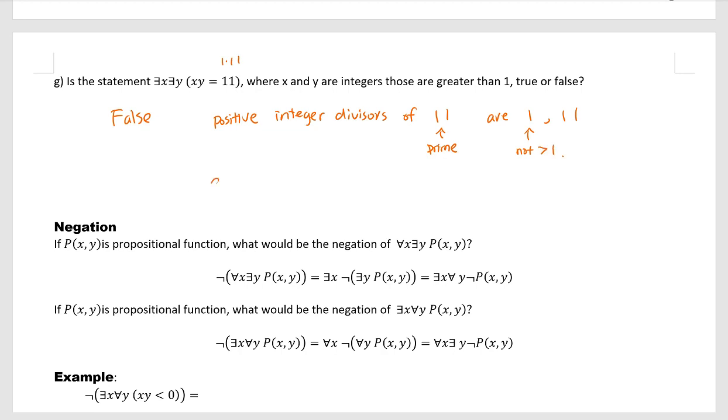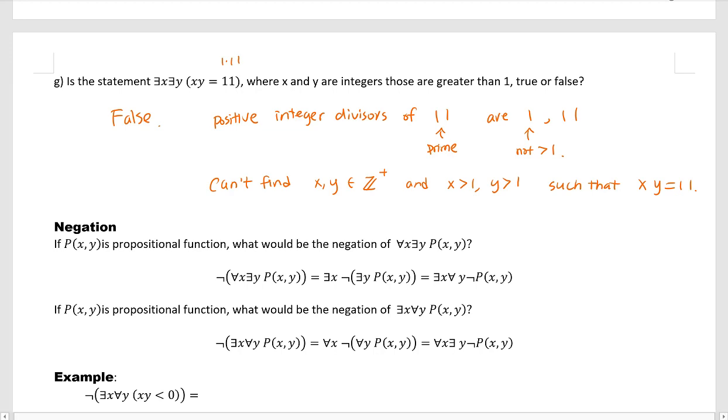So we can't find, because those are the only positive integer divisors, 1 and 11. And if they don't work, then we don't have other choices. So we can't find x and y in positive integers with x greater than 1, y greater than 1, such that x times y equals 11. So that's why this statement is false. Okay.